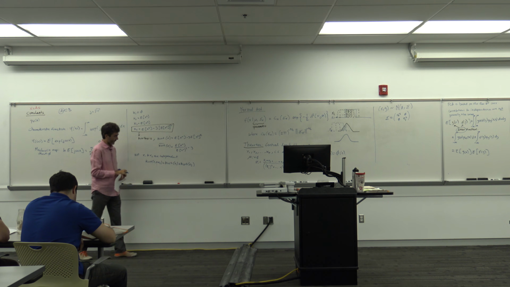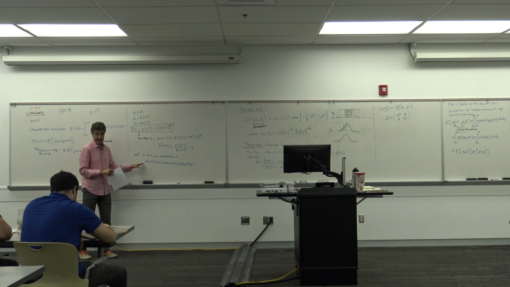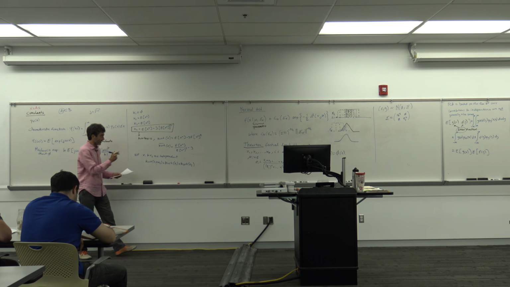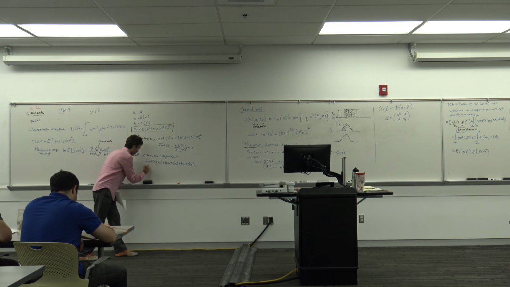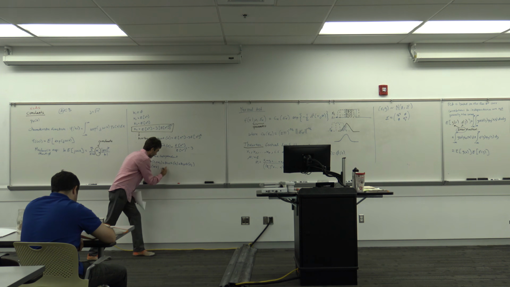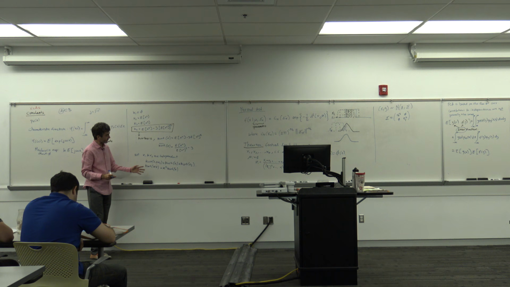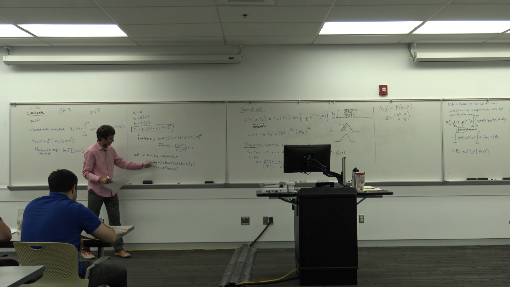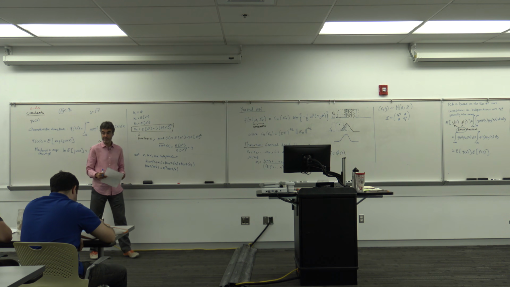Okay? Now that does not mean that this is a linear function. Actually, it's not a linear function, because if I have the kurtosis of alpha x, this is equal to alpha to the fourth times the kurtosis of x. So it's not a linear function, but if x1 and x2 are independent, then the kurtosis of x1 plus x2 is equal to the kurtosis of x1 plus the kurtosis of x2.